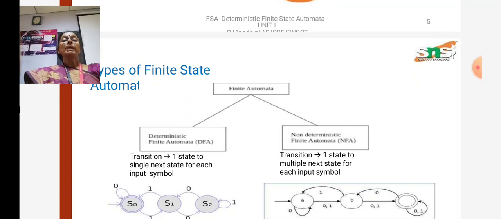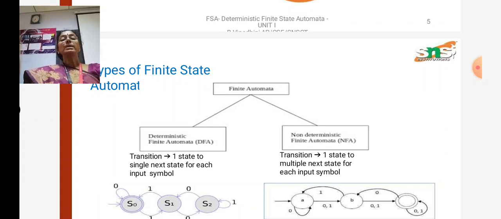The types of finite automata are of two types. One is the deterministic finite automata, that is the DFA, and the other is the non-deterministic finite automata, that is the NFA. The DFA and the NFA differ in terms of state transition and epsilon transition.